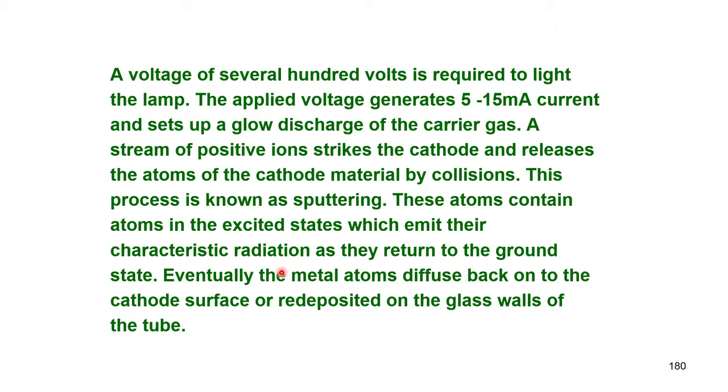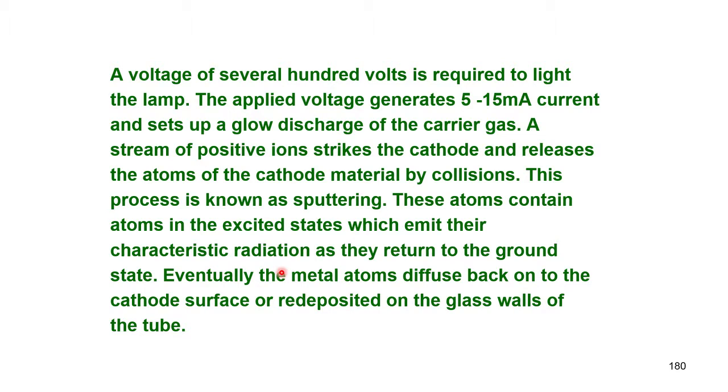It is about 230 volts for normal applications and 400 volts for industrial applications; 15 amps etc. are the currents, that is not the voltage. So, to operate a hollow cathode lamp you need several hundred volts, that is 700, 800 volts is required to light the lamp.